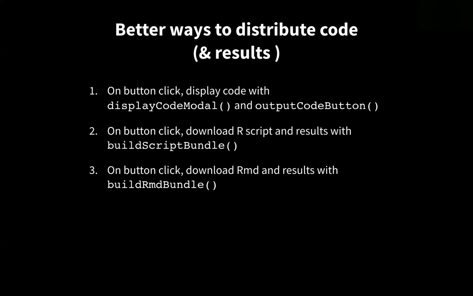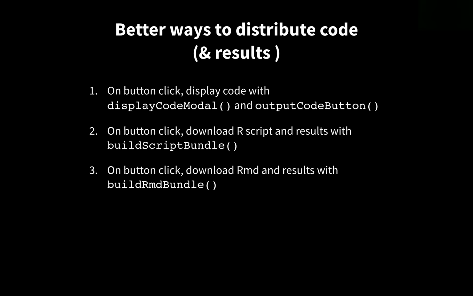Right, so currently there are really three main options. If you want to generate code that's specific to an output, so that somebody could click on an output to get at the code to regenerate that output, we currently recommend using this display code modal in conjunction with this output code button.